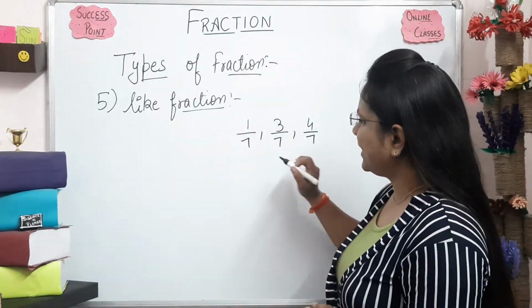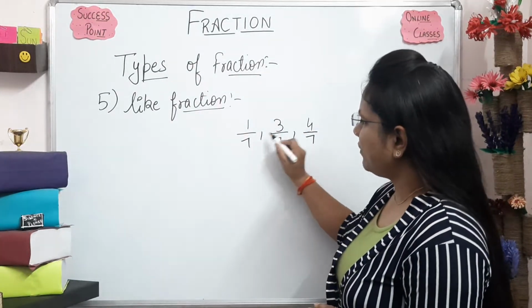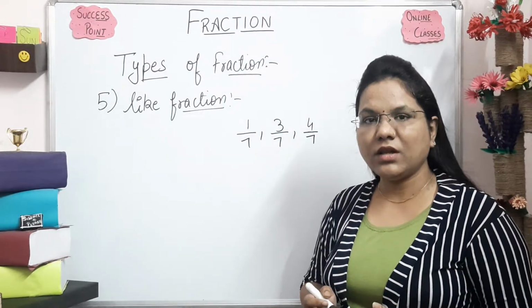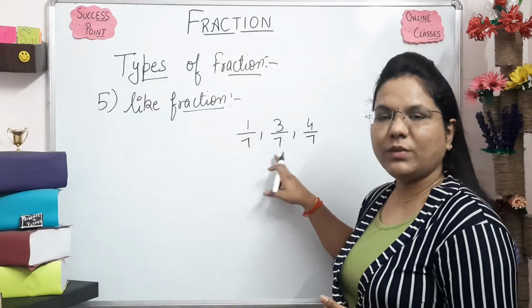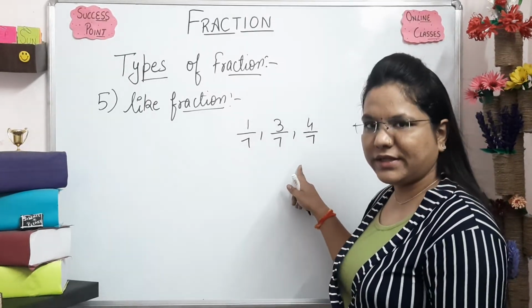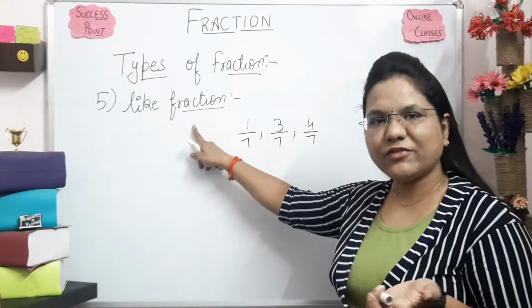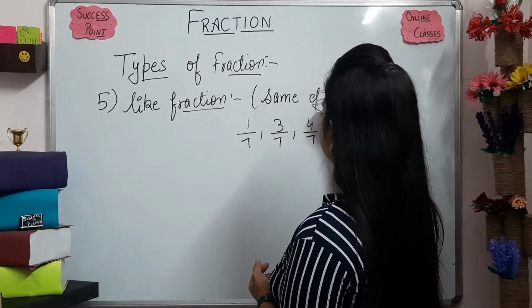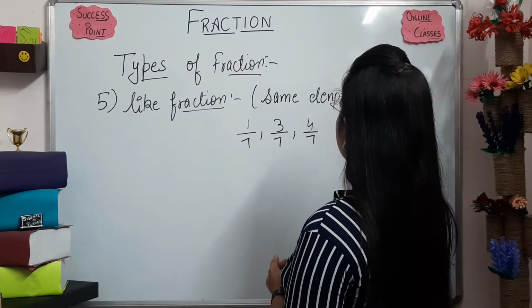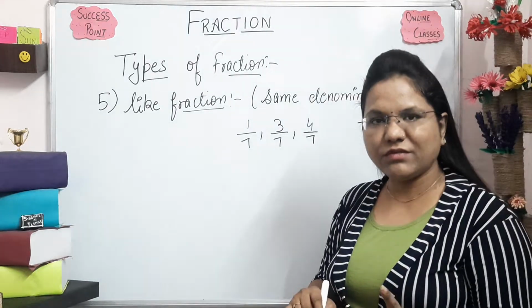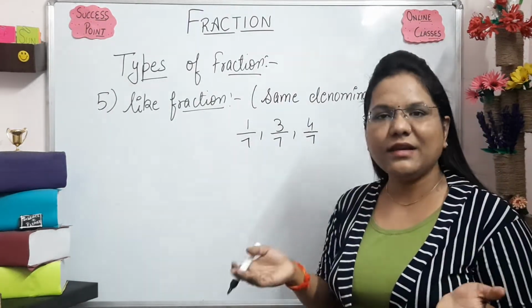If you check these numbers, what is common in all? 7. The denominator is the same. So whenever we get the same denominators, we can say like fractions. Whenever the denominator is the same, these all are like fractions.